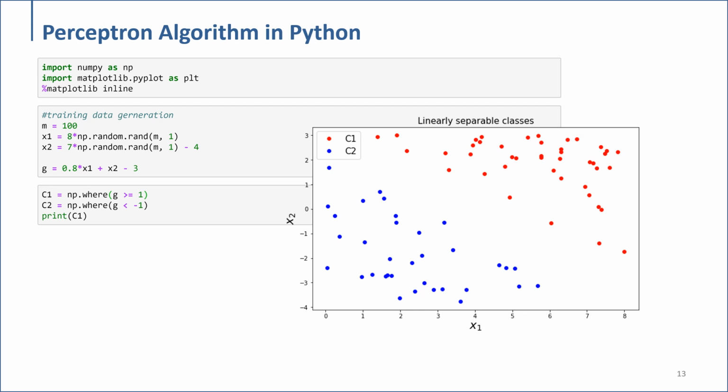So based on this idea, let's implement this perceptron algorithm in Python code. For that, we first import NumPy and Matplotlib as usual. Let's generate some random data for training. If you plot these randomly generated data, you can clearly see two classes.